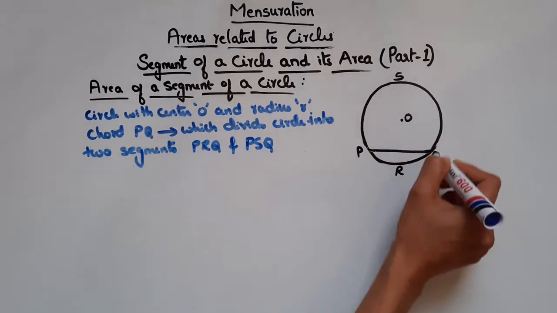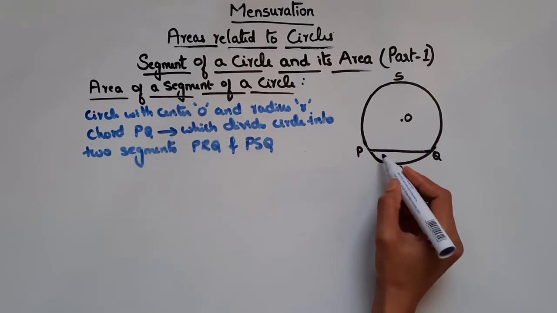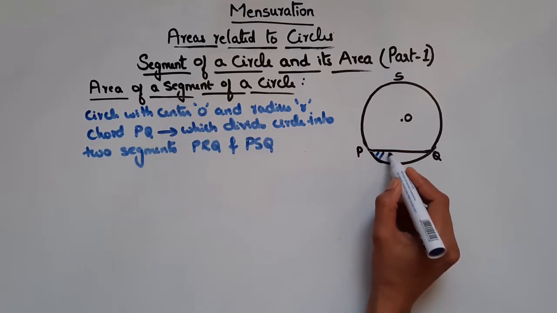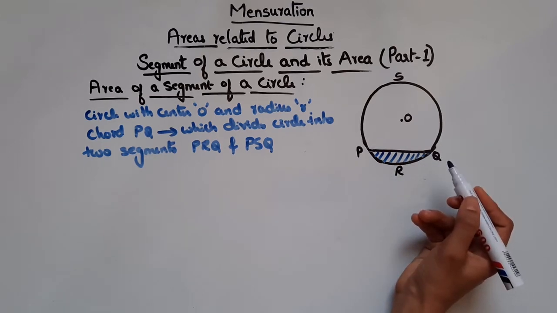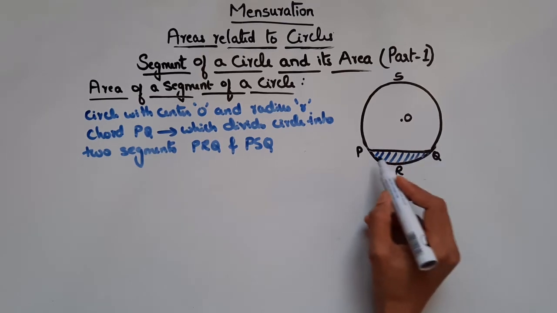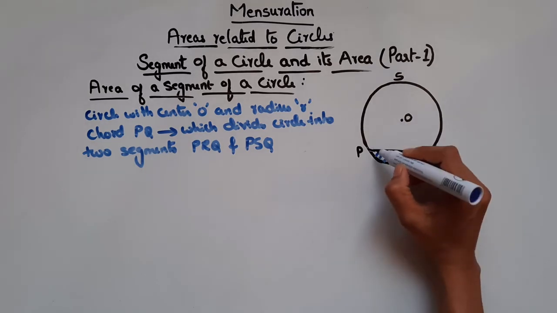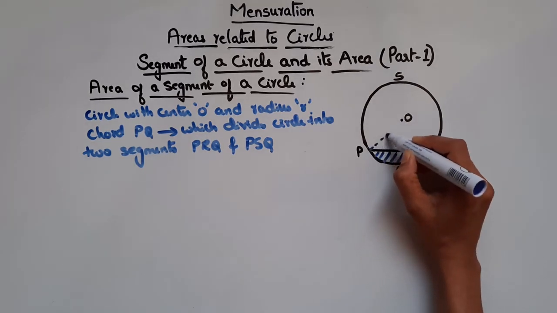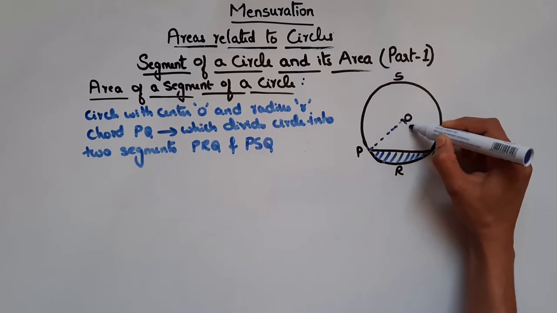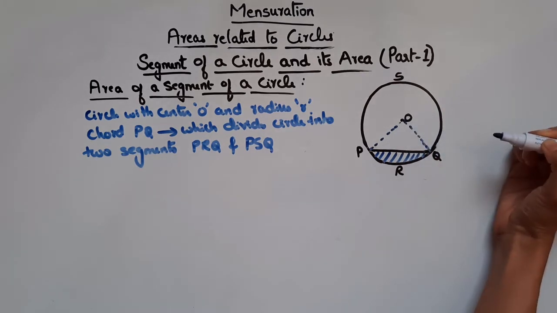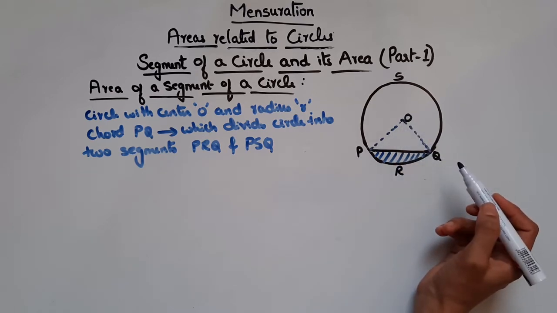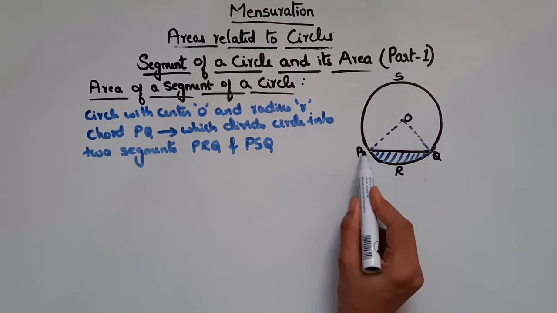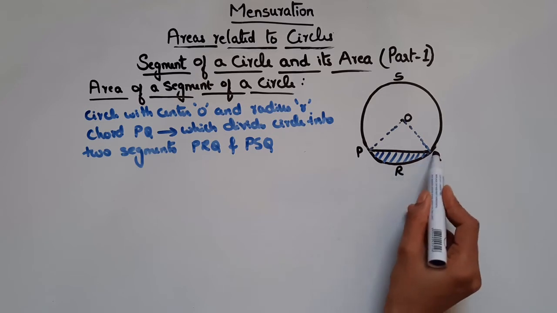Here we will derive the formula to find the area of this segment, that is a minor segment. For that, first we will join the endpoints of the chord to the center. So let's join this to the center. Now we have a triangle POQ, right? Our aim is to find the area of segment PRQ, this area.